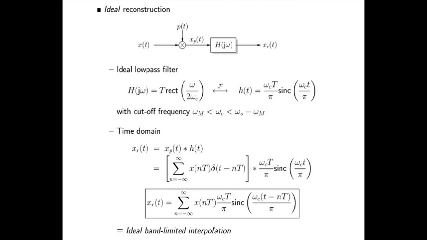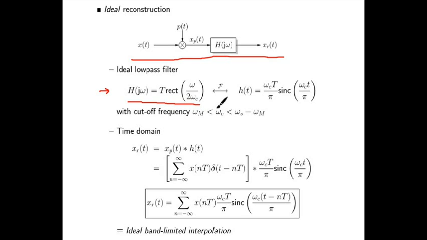For ideal reconstruction, this is the block diagram, or the system diagram, where we first create our sampled signal xp of t, and then we pass it through a low pass filter, and we get a reconstructed signal. This is the characteristic of our ideal low pass filter: H of j omega is equal to T times rect of omega upon 2 omega c, which is its Fourier transform representation in the frequency domain.